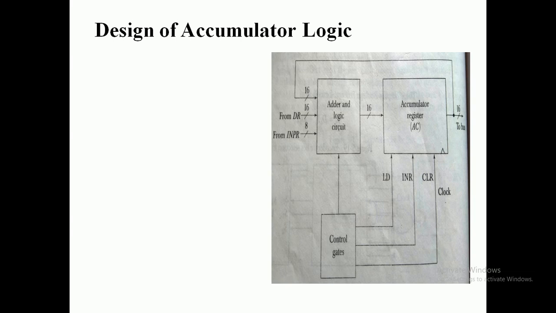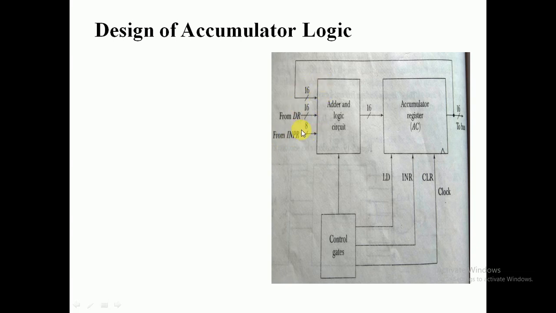In this case, you can see this adder logic circuit which receives the three sets of input. First, it receives the output of the accumulator, that is 16-bit data. Second, it receives the 16-bit data from the data register, and third, it receives the 8-bit data from the input register.